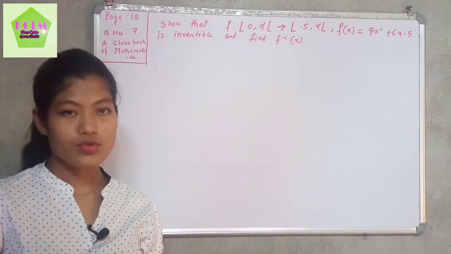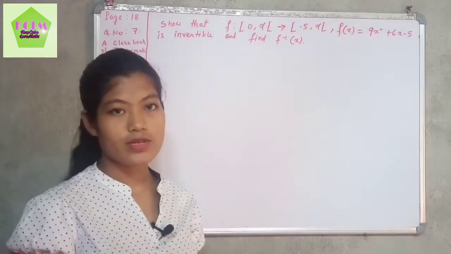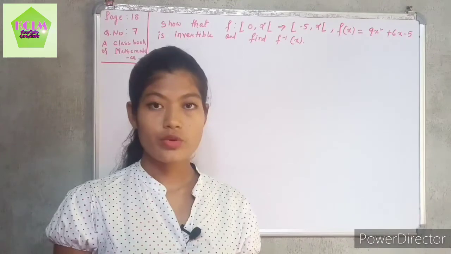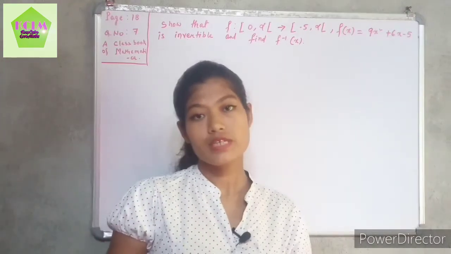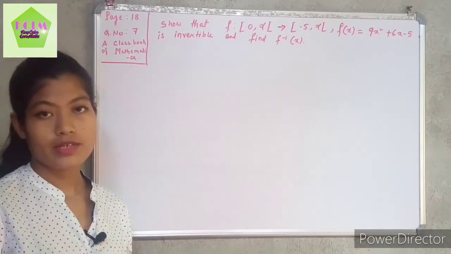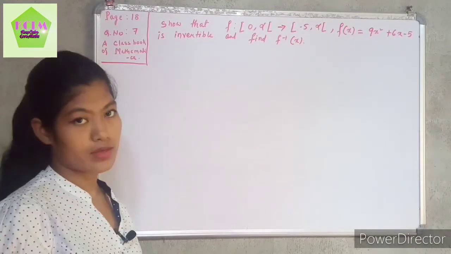So we have to show that this function is invertible, as well as find f inverse. To show invertibility of a function, we can apply the definition of an invertible function as well as theorem number 1.